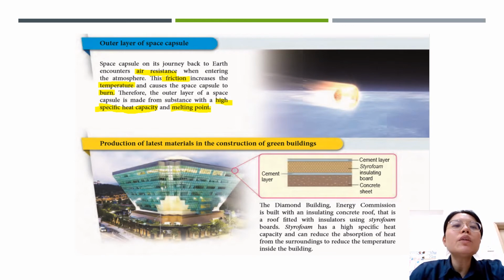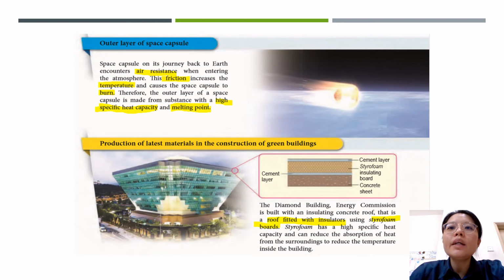So we come to the next application, production of latest materials in the construction of green buildings. Don't think that the green building is painted green. No. Have a look here. The roof is fitted with an insulator, the material is styrofoam boards.